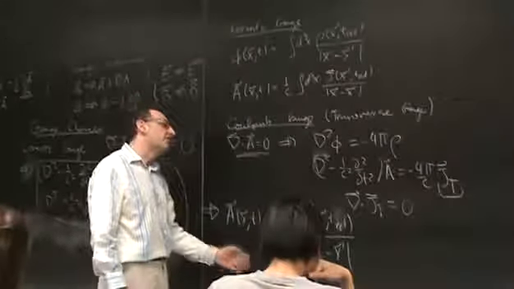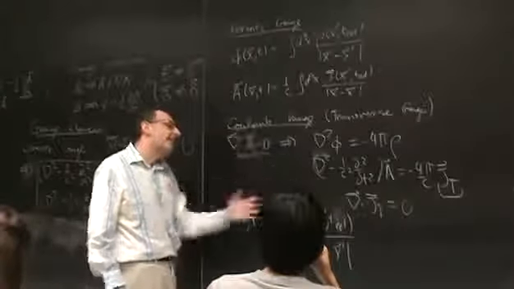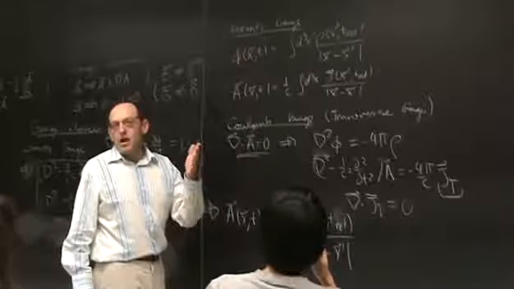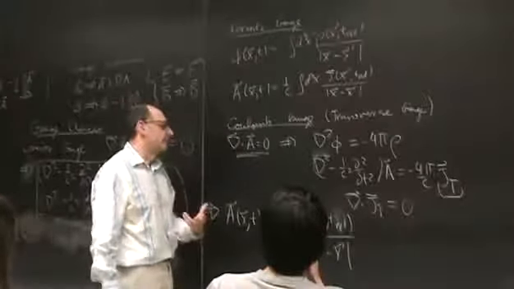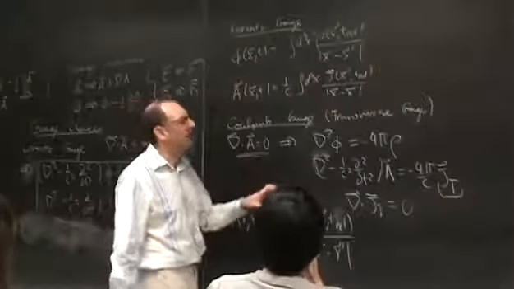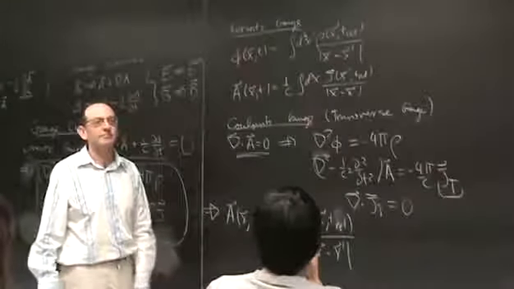This is actually a useful form, as we'll touch on later when we talk about electromagnetic radiation for non-relativistic charges, because it breaks up the potential into the static part and the radiation part.